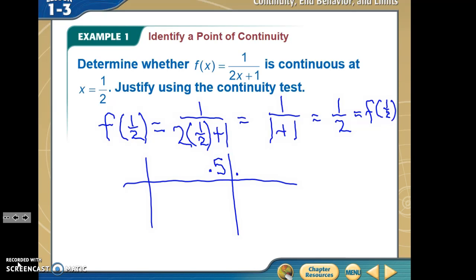So something a little bit bigger than 1/2 is 0.5001.